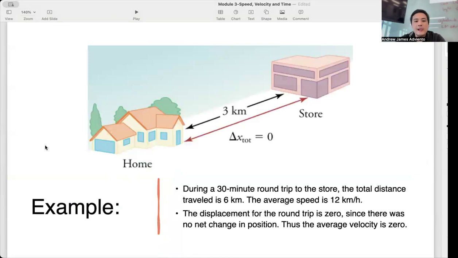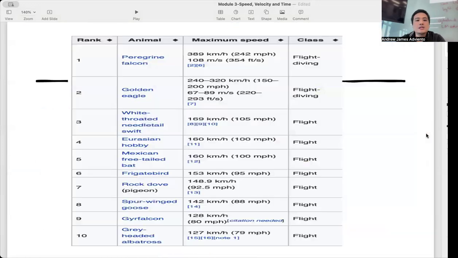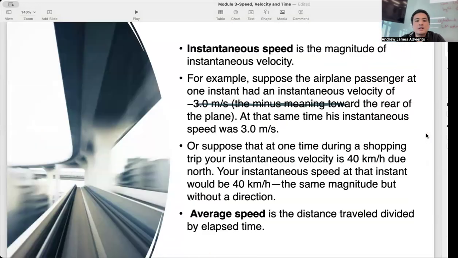Next is average speed, which is different from instantaneous speed.